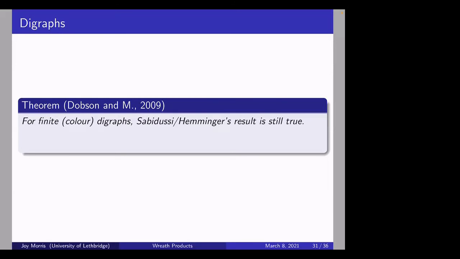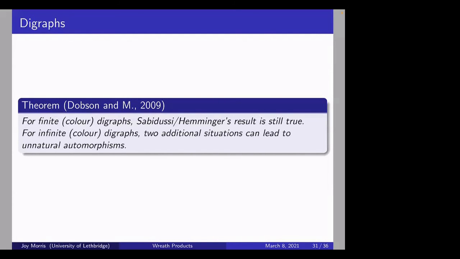Their proofs do not suffice as written to prove this. And if you talk about infinite color digraphs, it turns out there are two other obstructions that can arise. Again, I don't want to go into this because I want to get through the rest of my material, and the other issues that can come up are pretty technical.